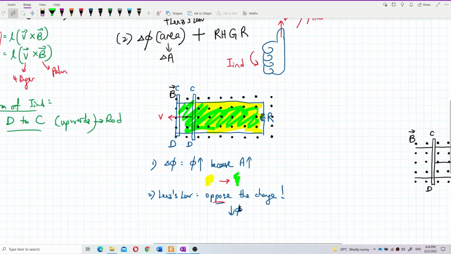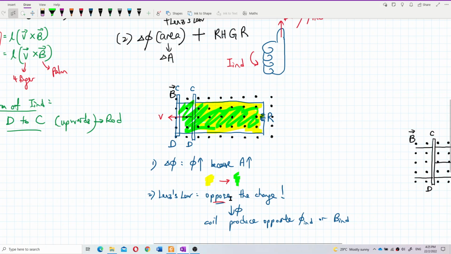I must produce opposite flux, or opposite induced magnetic field. Because the flux has increased, the yellow area becomes the green area, so the flux has definitely increased.